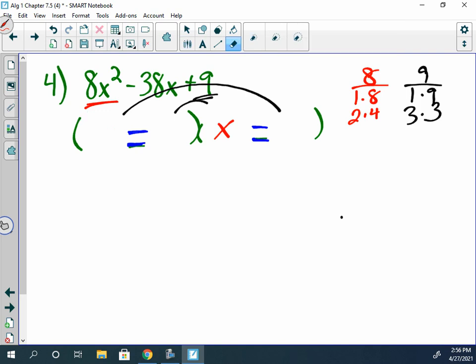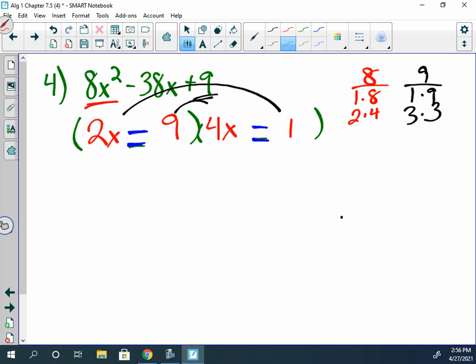I'm going to go on and tell you 1 and 9 does not work. Because we're going to try this here with 9 and 1. I'll tell you that with 1 and 8 and 1 and 9, 8 times 9 is 72. That's way up.